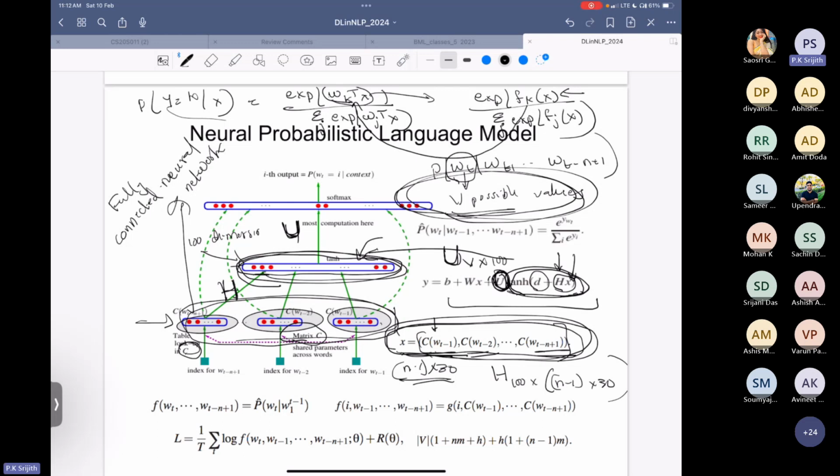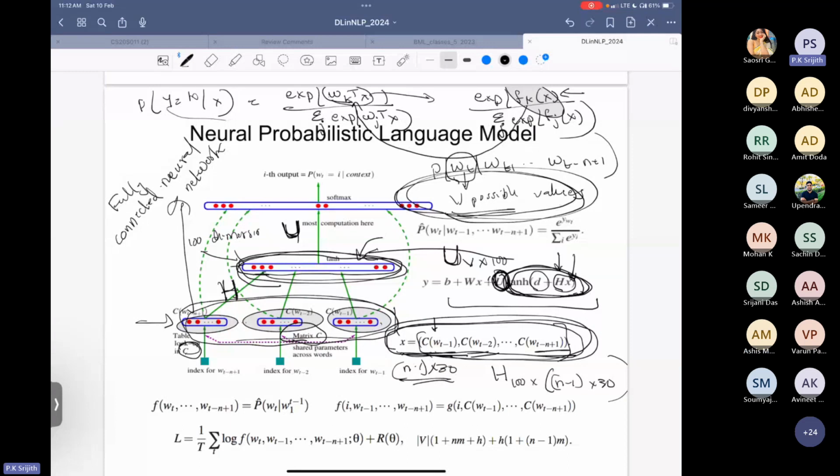When you multiply this U matrix with this 100-dimensional hidden representation, you will get a V-dimensional vector, and each element of that V-dimensional vector represents the function value that you can use in the softmax function computation.